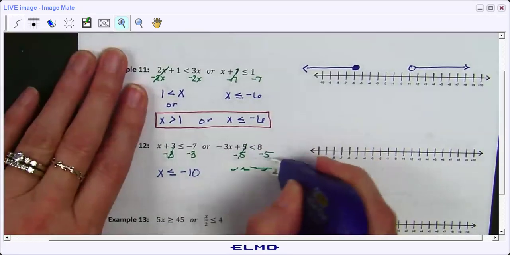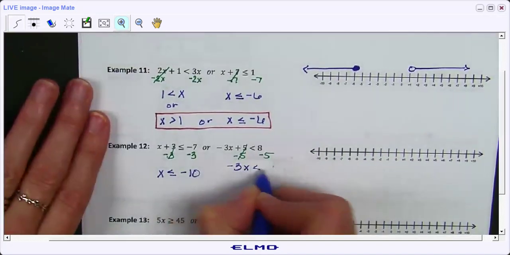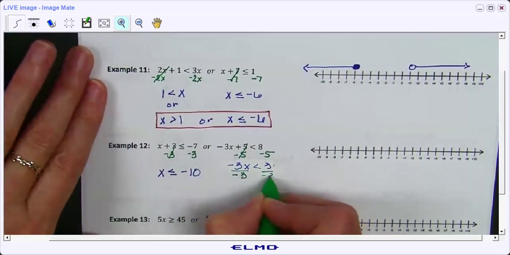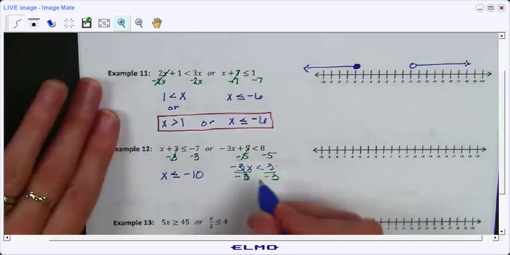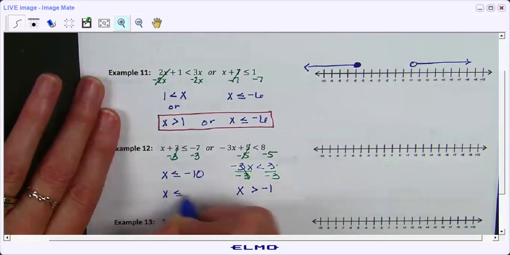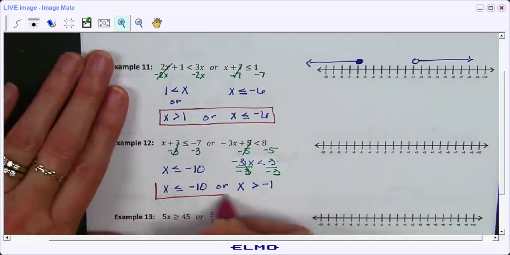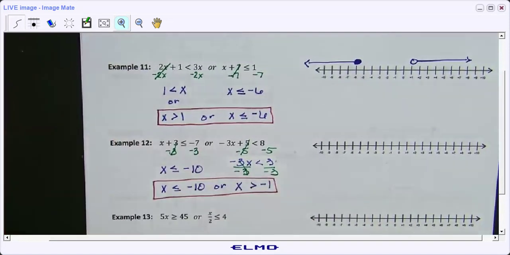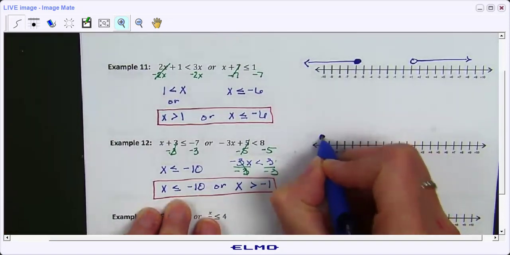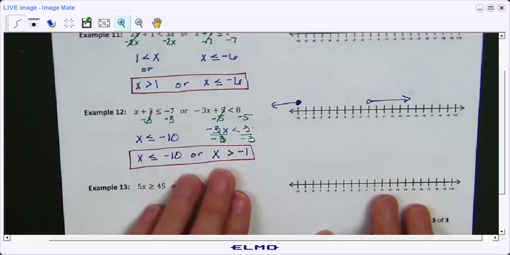Same thing again. Hey, you're dividing by a negative, so make sure you flip that sign. Right? Go ahead and check that.